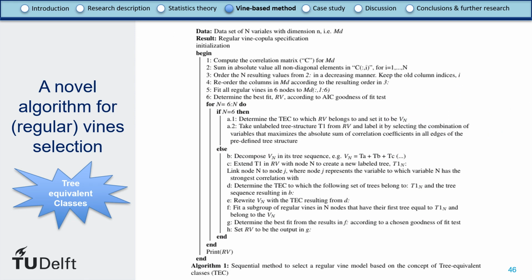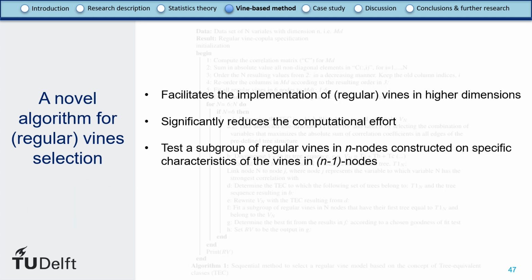This exploratory work led to the development of a smart algorithm for vines selection. In this slide, you can see the algorithm, which is also included in the thesis report with the link below. But for now, I would like to highlight the main takeaway lessons. This algorithm facilitates the implementation of regular vines in higher dimensions because it significantly reduces the computational effort.